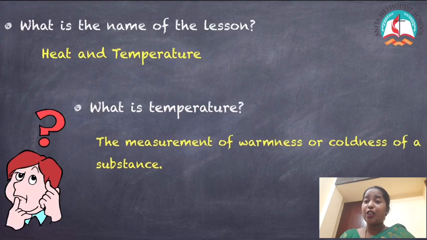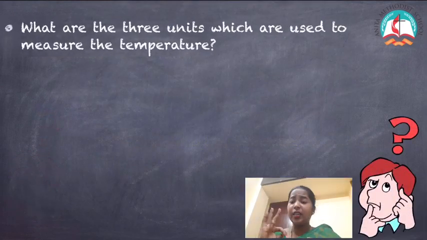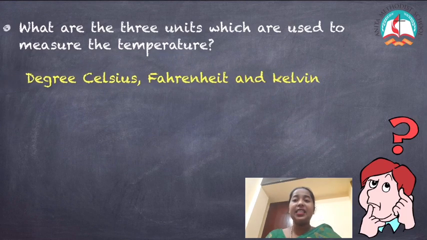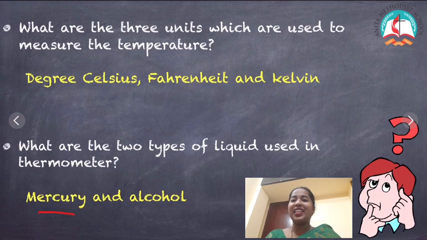Yes, the measurement of warmness or coldness of a substance is known as temperature. What are the three units which are used to measure temperature? Yes, it is degree Celsius, Fahrenheit and Kelvin. Very good. And what are the two types of liquid we use in the thermometer? Yes, very good children. It is mercury and alcohol.